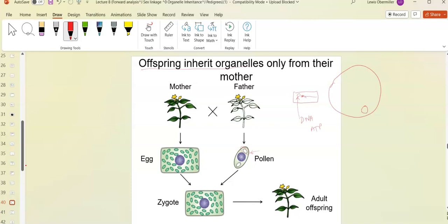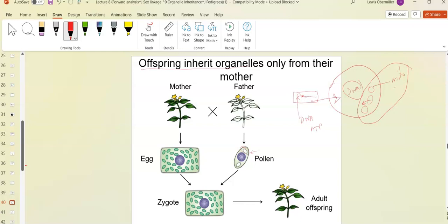So all of the organelles, especially the mitochondria and, in plants, the chloroplasts, all come from the mother. So when the egg is fertilized, no organelles come from the father at all, only the DNA. Whatever the mother's mitochondria are is what you inherit.